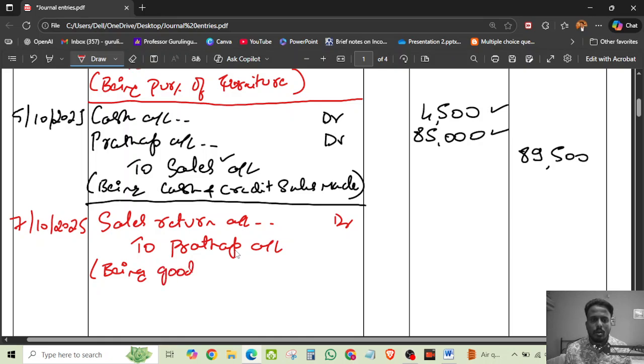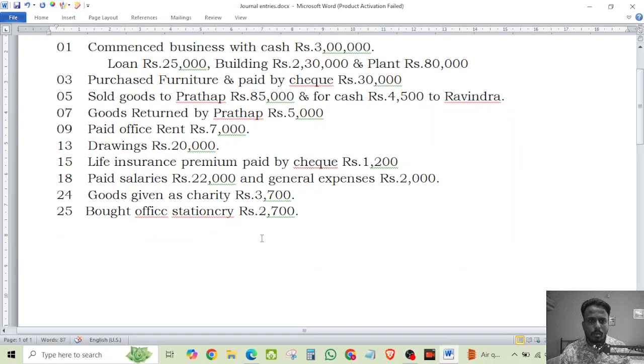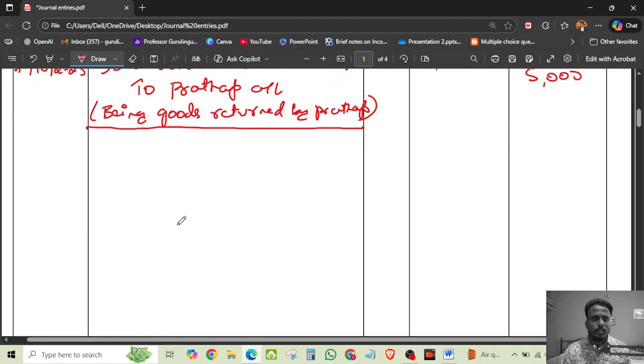So here, being goods returned by, even you can write sales return. This is the entry which you are making here. Amount is 5,000 rupees. 5,000 should be debited, 5,000 should be credited. I hope all of you are understanding.